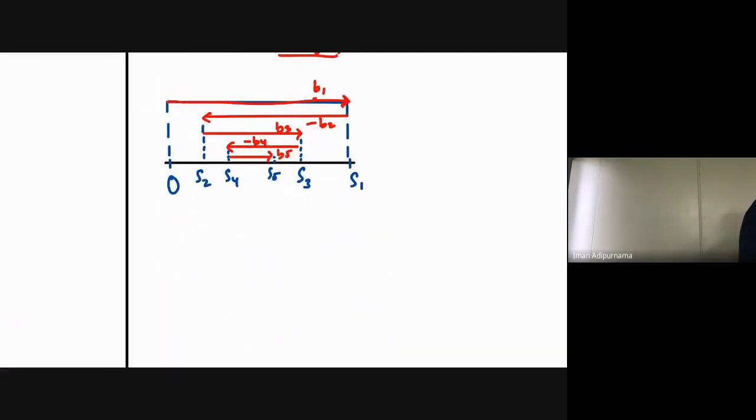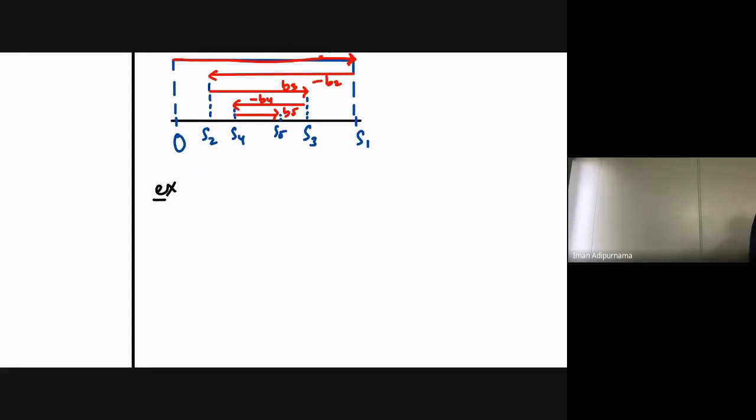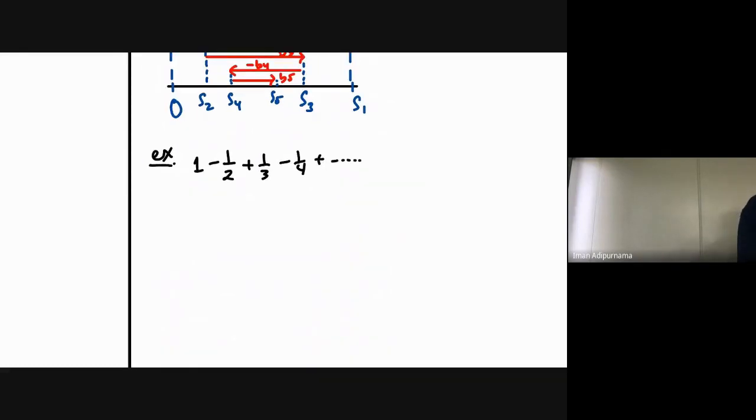Okay, let's maybe write some example. If you want to write the formula, this would be 1. Okay.